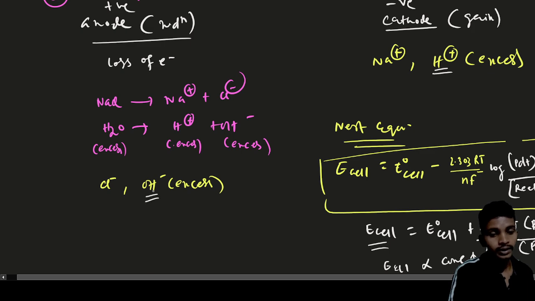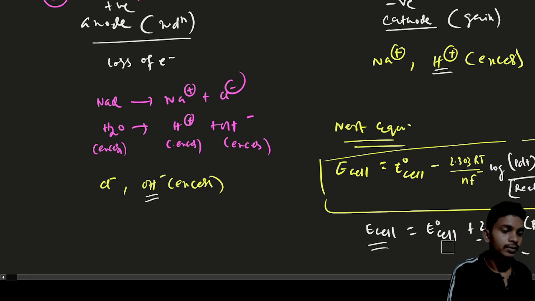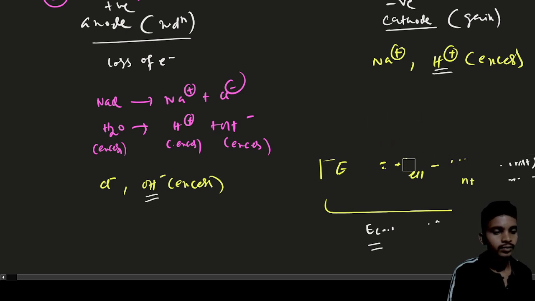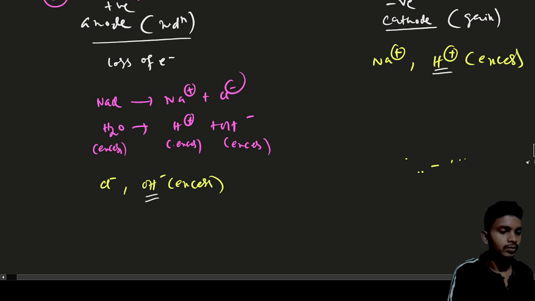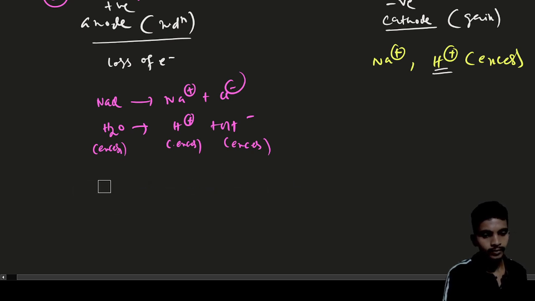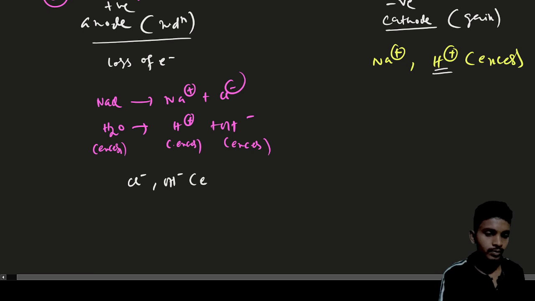Similarly, if this concentration is very high, it will discharge, because it is directly proportional to E cell. Here Cl minus and OH minus, OH minus is in excess.